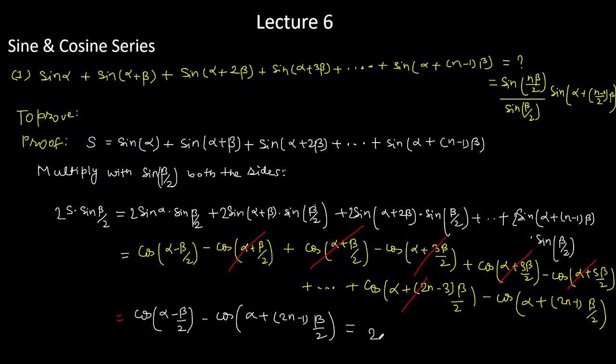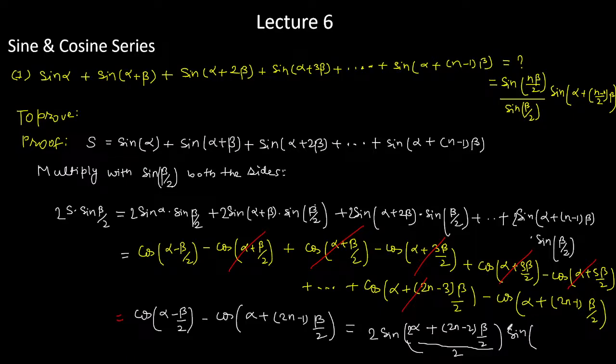Cos C minus cos D is nothing but 2 sine of a plus b, where a plus b is 2 alpha plus 2n minus 2 beta by 2, the whole divided by 2, and we have sine of a minus b by 2, or sine of d minus c by 2.